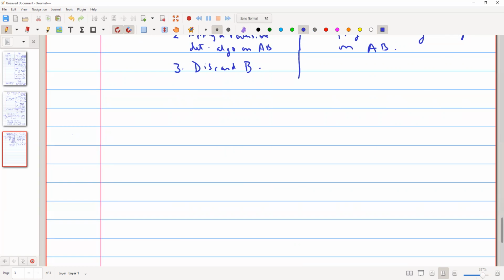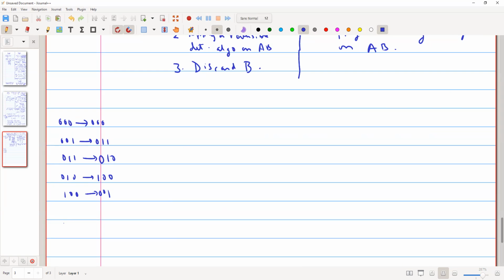So let me take this permutation of bit strings of length 3. 000 goes to 000, 001 goes to, let us say, 011. Then 011 goes to, let's say, 010. Then 010 goes to, let's say, 100. 100 goes to, to complete the cycle, 001.